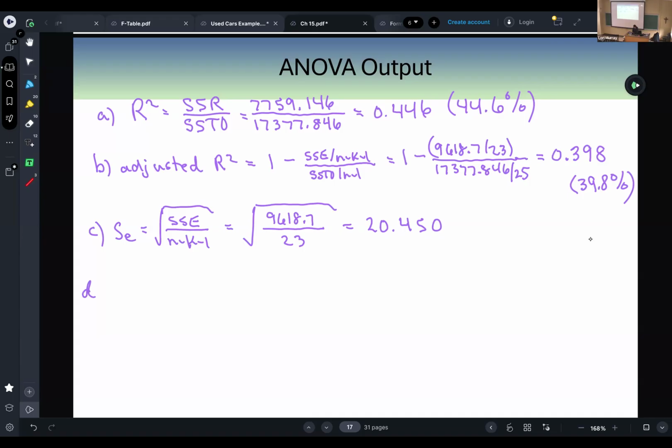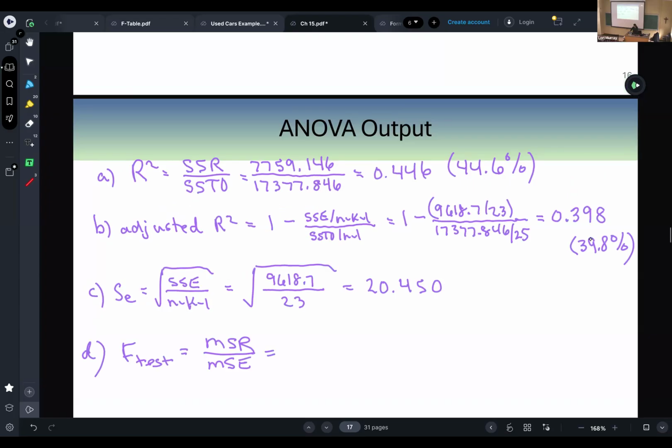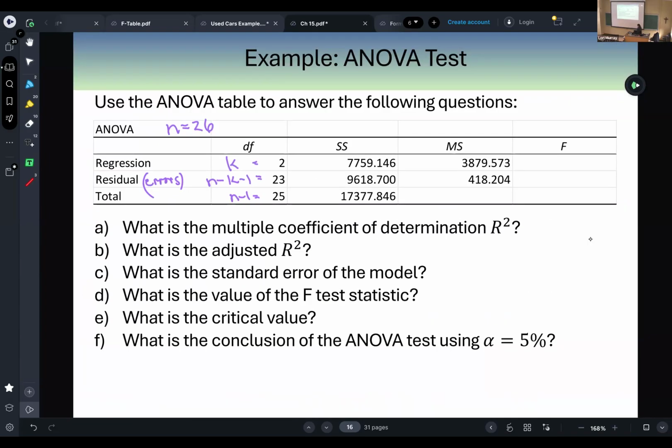So part D is the F test. I'm going to use MSR divided by MSE because we have both of those, because we have the ANOVA table. The MSR is going to be 3879.375.